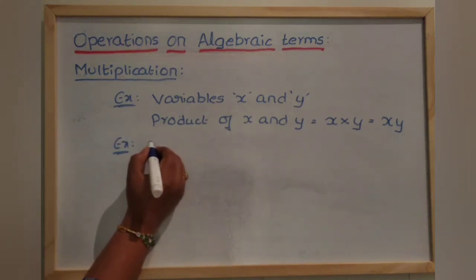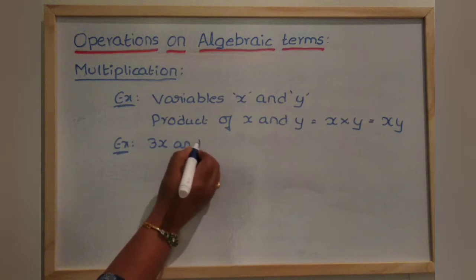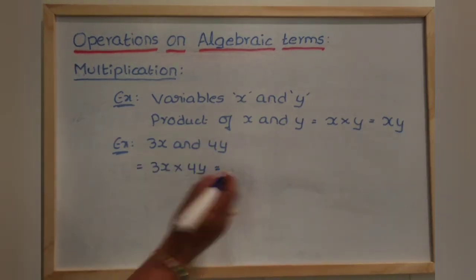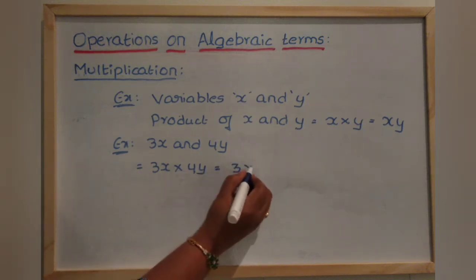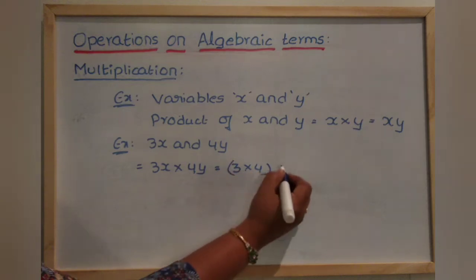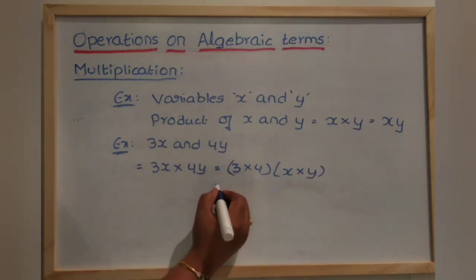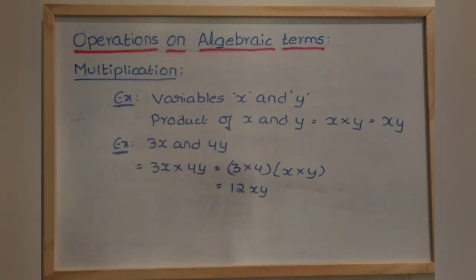One more example. Let us consider terms 3x and 4y. Numerical coefficients of both the terms are multiplied and the variables are multiplied. That is equal to 12xy.